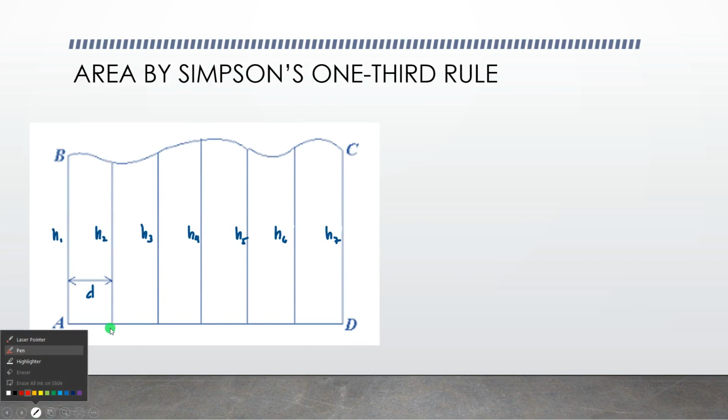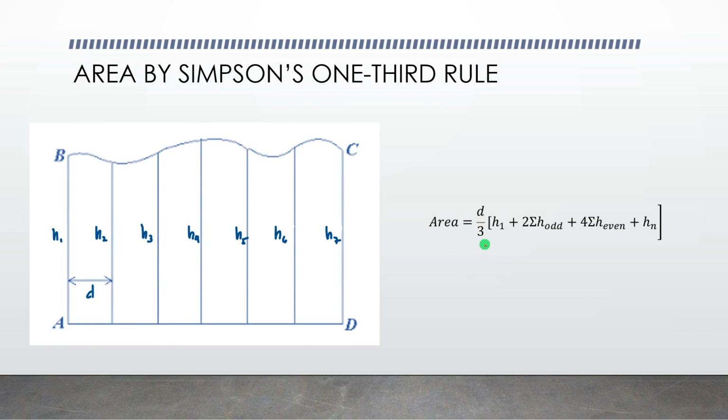Area by Simpson's rule uses this formula: d over 3, quantity of h1 plus 2 times the sum of h odd plus 4 times the sum of heights at even stations, plus h of n. It is required here that the number of stations should be odd. Here h1 is the height at the first station, h of n is the height at the last station.